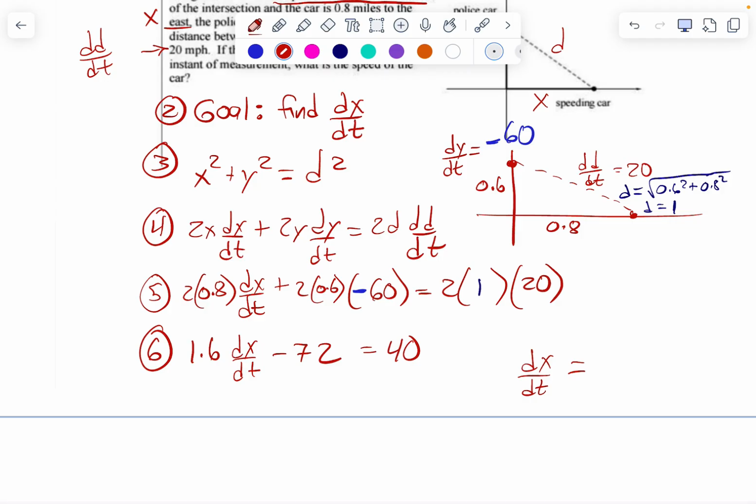Also, don't forget to label. It's 112 divided by 1.6. Did anybody do that? Kevin did it. What is it? 70. Good job, Kevin. 70 miles per hour.